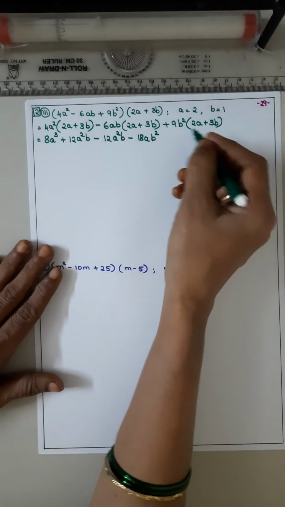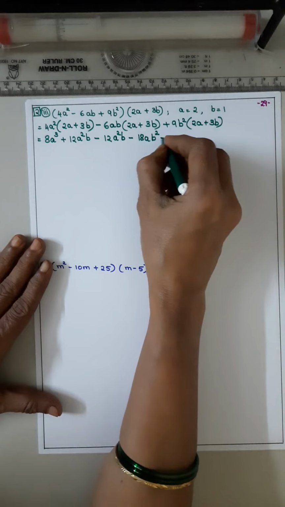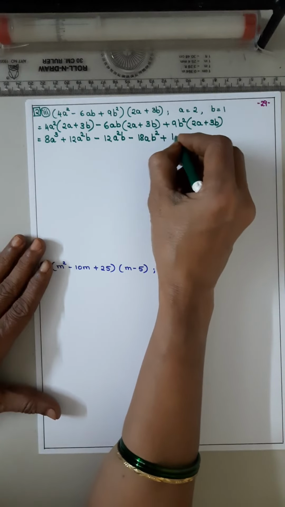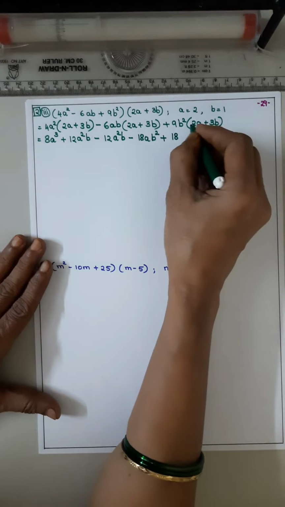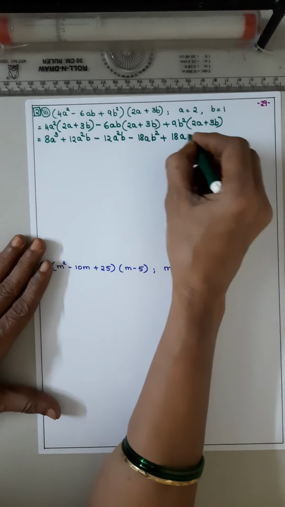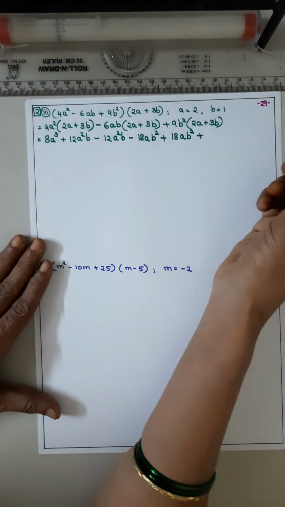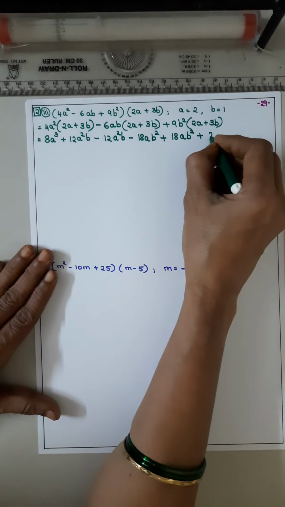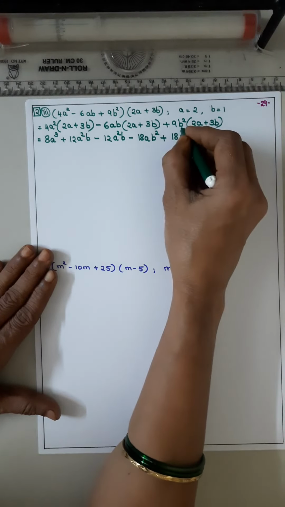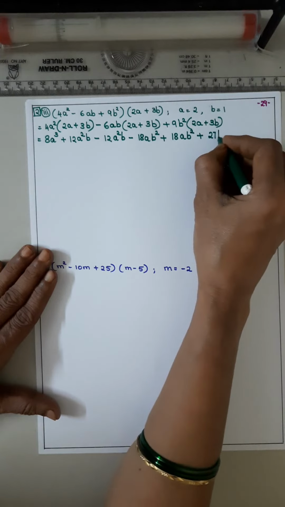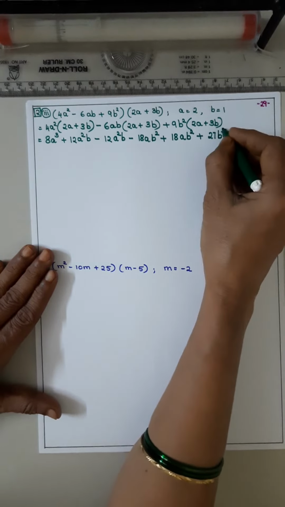Okay. Now plus 9 2s are 18, a and b squared. Now plus 9 3s are 27, b squared b means it is b cubed.